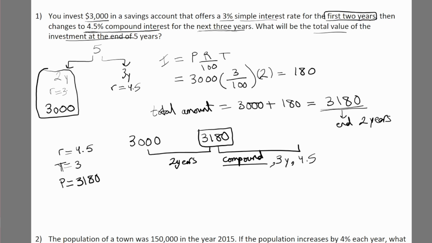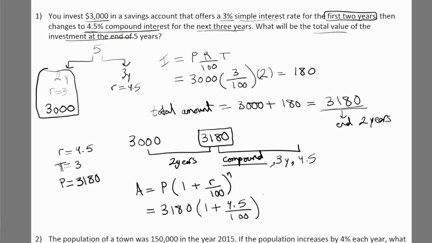So we're going to go ahead and write down the compound interest rule, which is basically the final amount is equal to the principal amount multiplied by 1 plus R over 100 to the power of n. And we're going to go ahead and plug in the principal, which is 3,180, into 1 plus R, which is 4.5 over 100, to the power of 3.